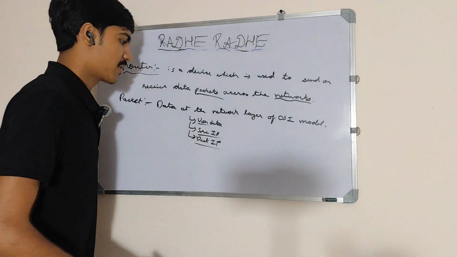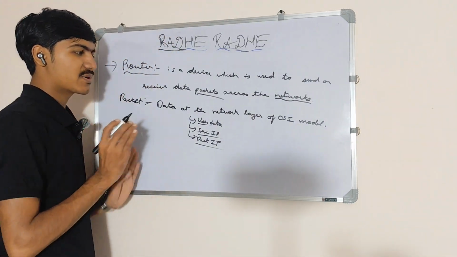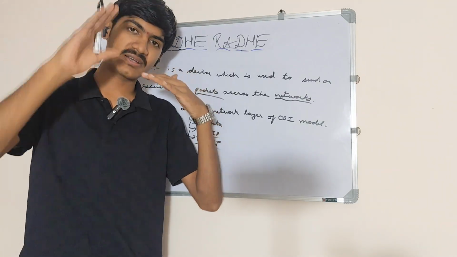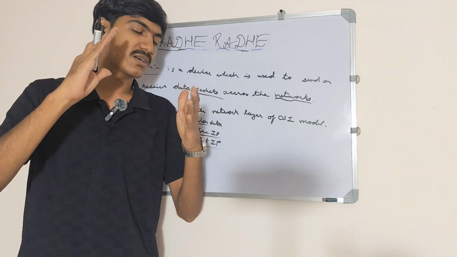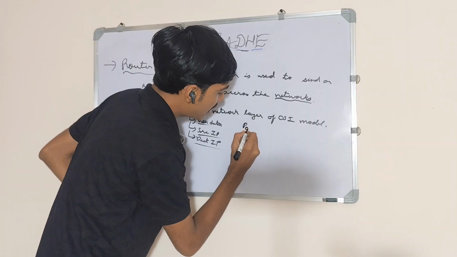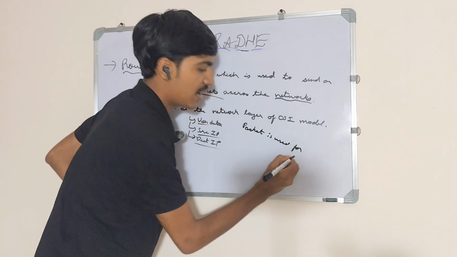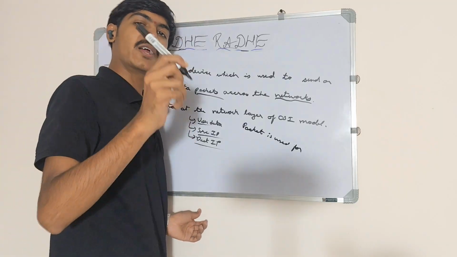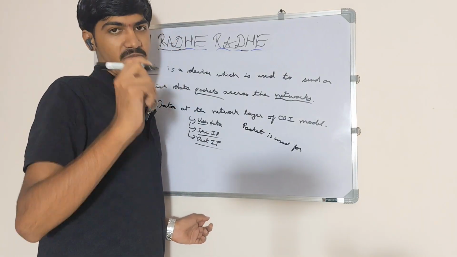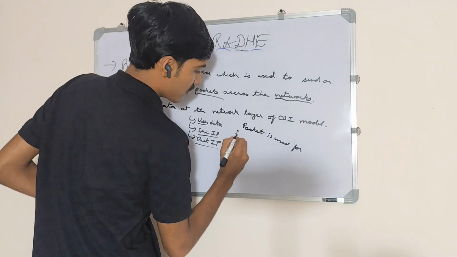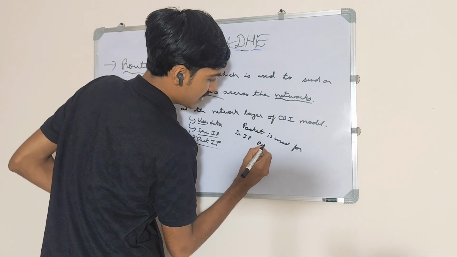These are the three pieces of information a packet contains. So a packet is nothing but the data at the network layer. Once the data tries to go outside the local LAN network, the packet is used for identifying where to send the data and where it is coming from, because it contains the source IP and destination IP.